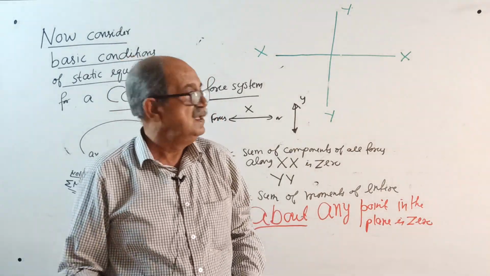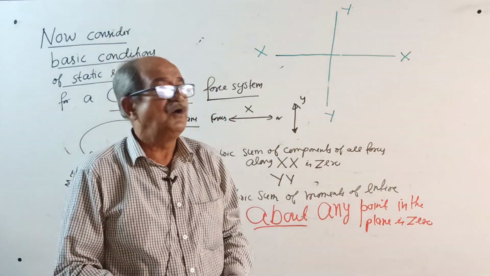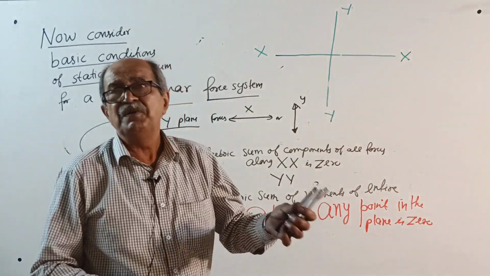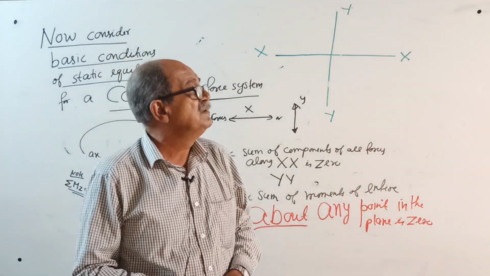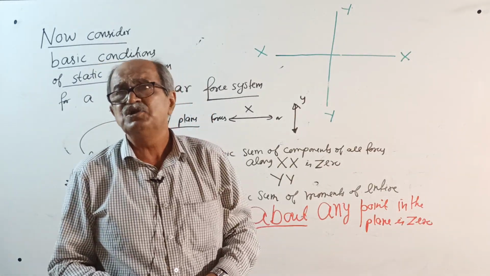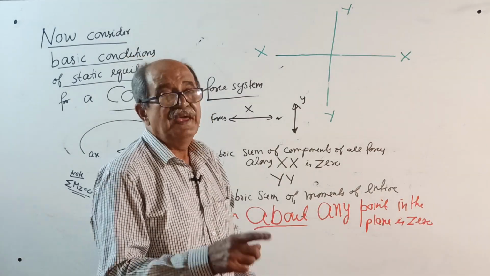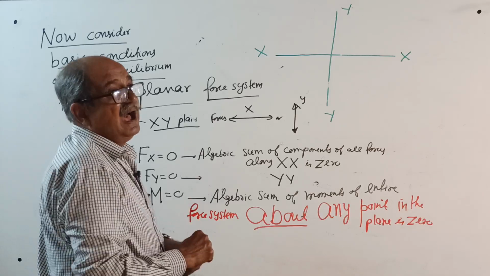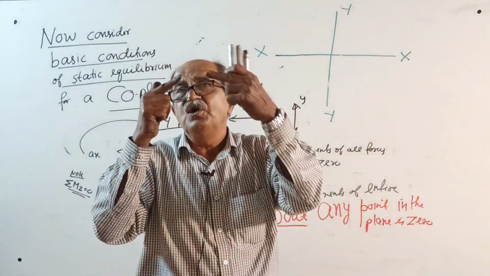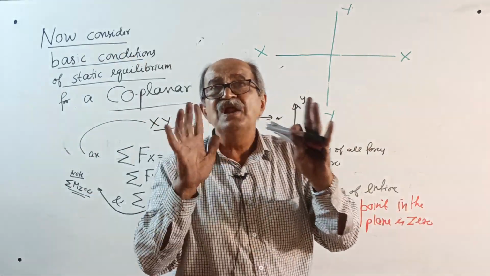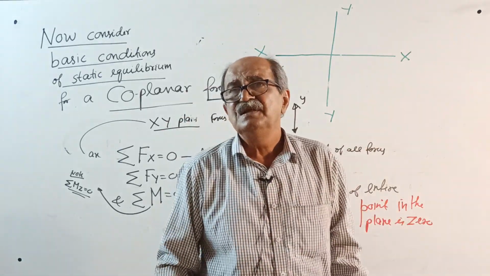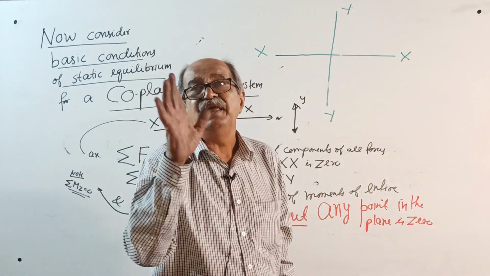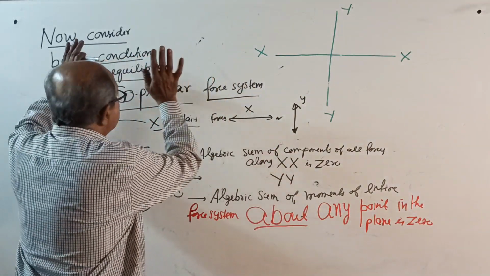Now, I am going to end the class because there is some problem with the power. I doubt very much whether the power will last for another 10 minutes, so I will make today's class a little short after a long time. Next class, for a coplanar force system, I will divide into 3 parts: concurrent, general coplanar and parallel. Then on the entire board, I will write a summary, both 3D and 2D.